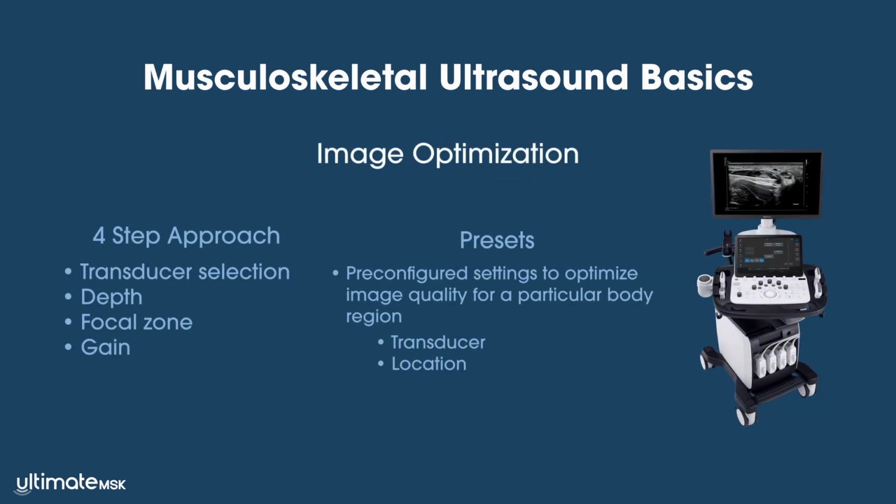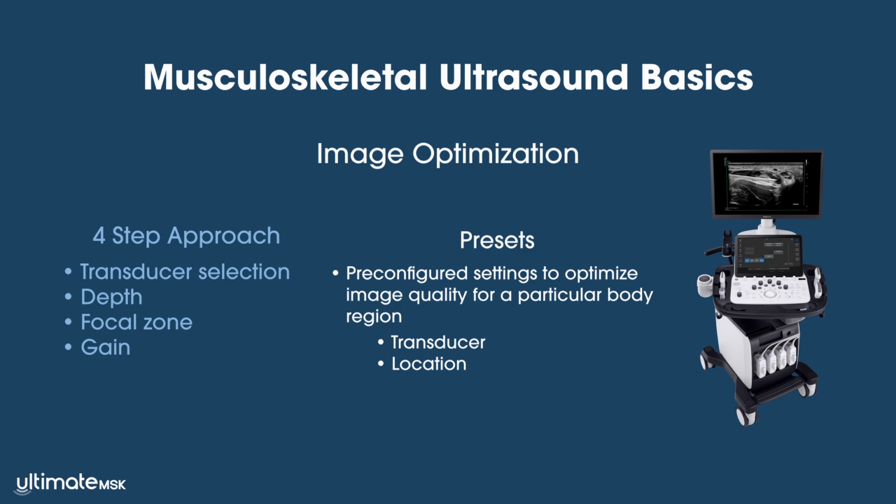The next topic is image optimization, a very important skill in ultrasound imaging. Many ultrasound machines are equipped with advanced settings and tools designed to enhance image quality, often organized into presets. These presets are pre-configured settings tailored to specific anatomic regions and transducer types.